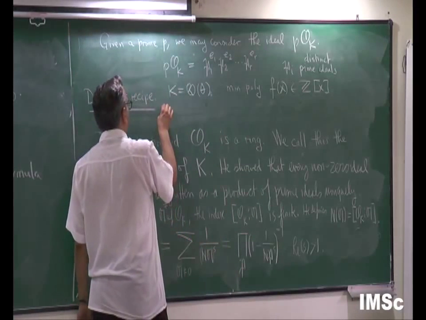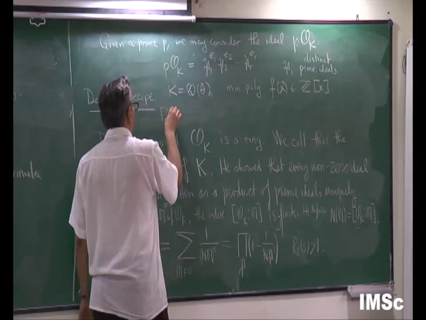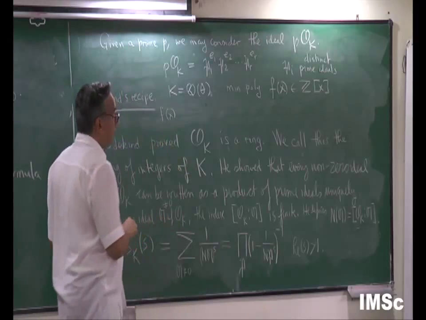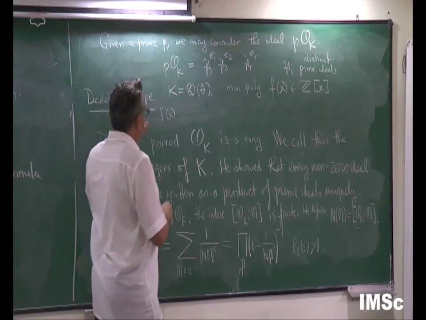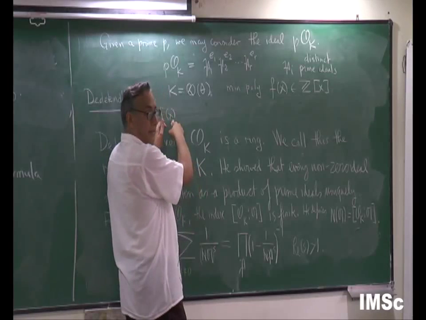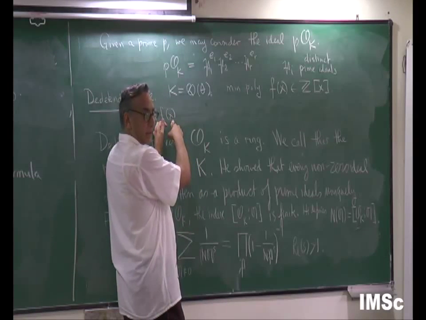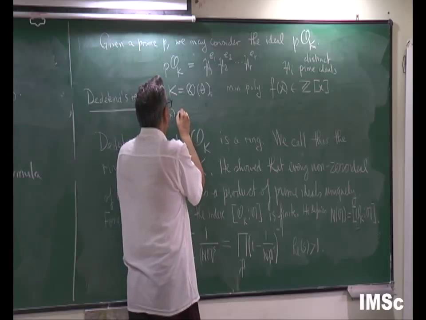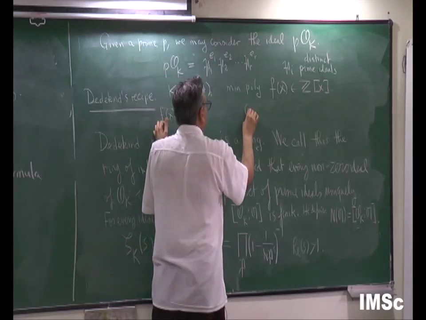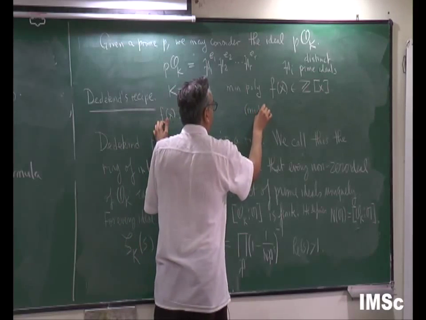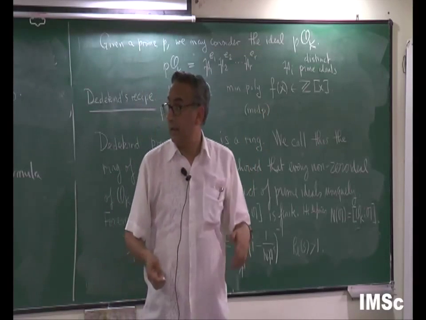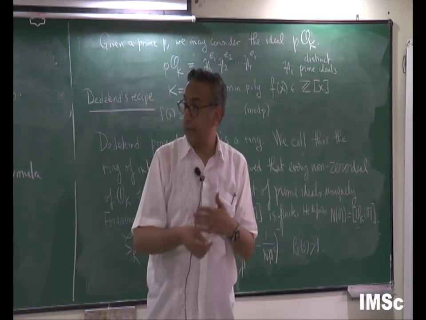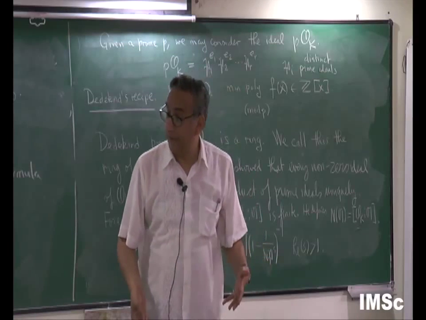Then here's how Dedekind gives you a recipe for finding those prime ideals P. He says, take your polynomial f(x) now that you have it in your hand, and factor it mod p, that is over the polynomial ring F_p[x]. F_p is a field, and F_p[x] is a polynomial ring over a field.